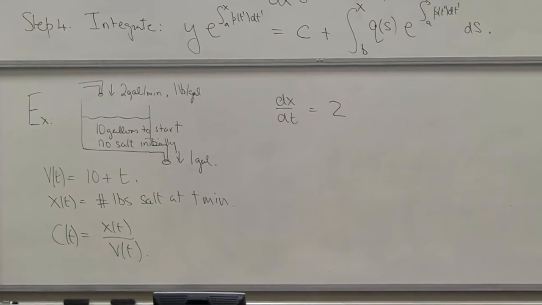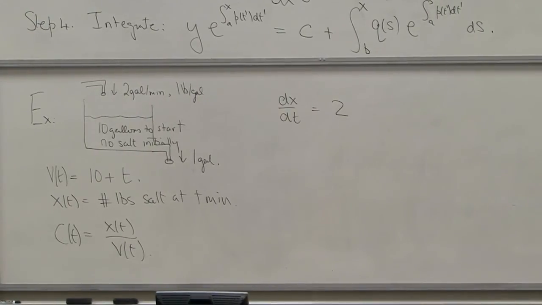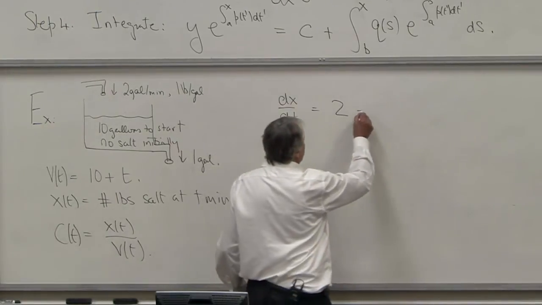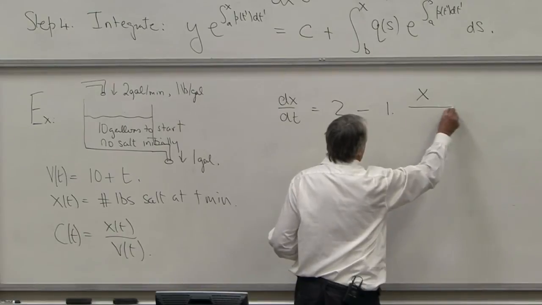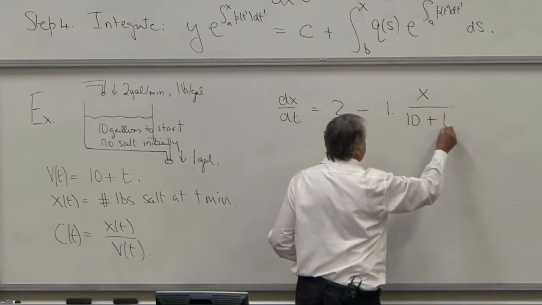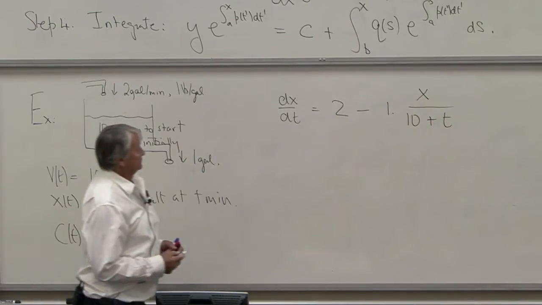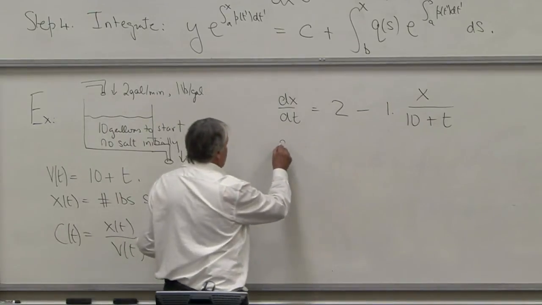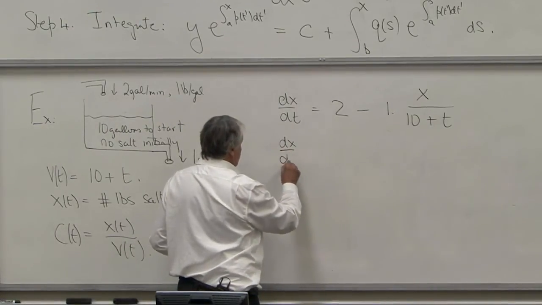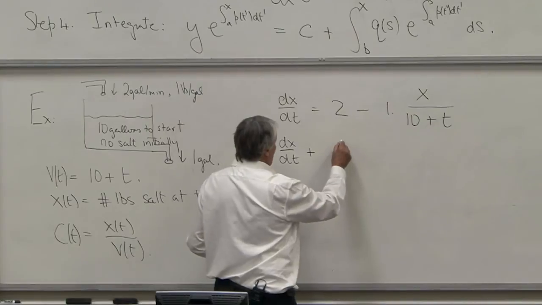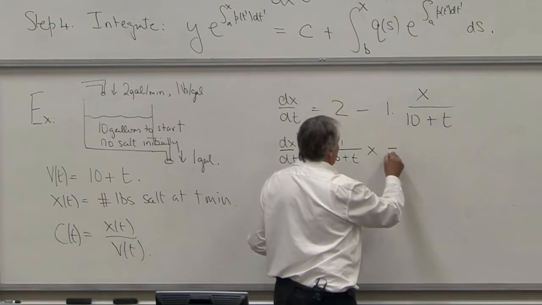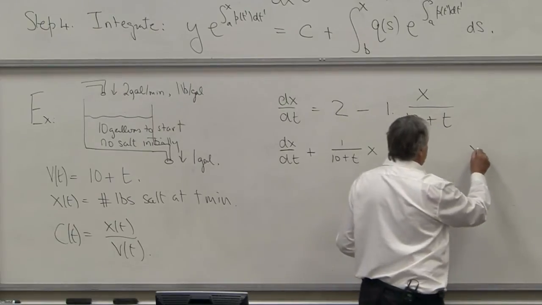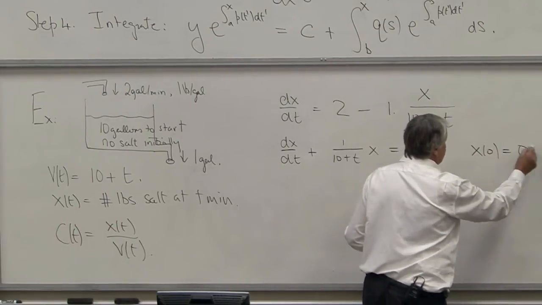So 2 gallons per minute, each gallon contains 1 pound. What comes out, the rate of coming out, is 1 times the concentration coming out. It's x over 10 plus t. So this is the equation: dx by dt plus 1 over 10 plus t times x equals 2, and the starting number of pounds of salt was 0.